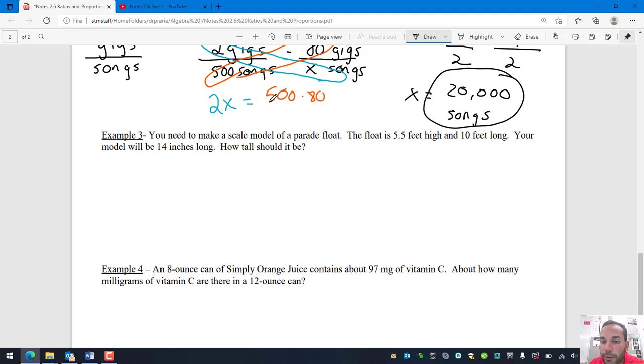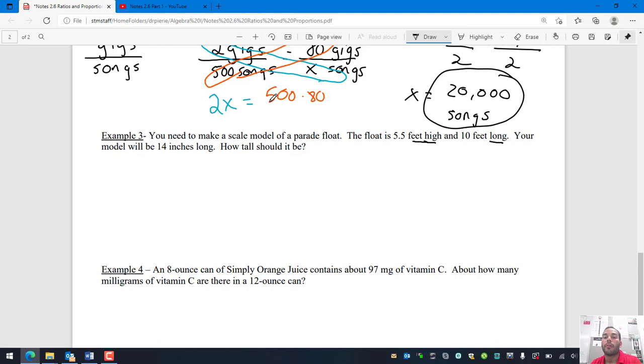The actual float is going to be 5.5 feet tall and 10 feet long, and the model is 14 inches long, and I'm asking how tall the model should be. There's two things we're comparing: the height and the length.